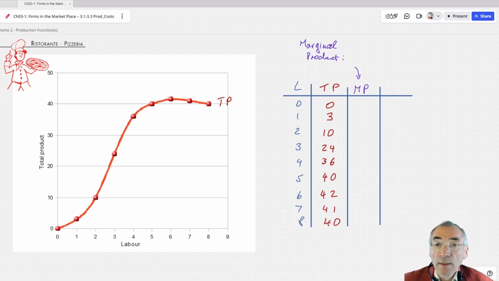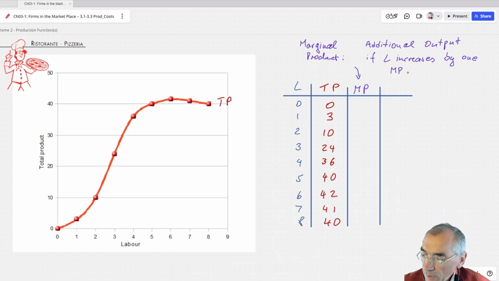So here it's the additional output, additional amount of pizza, if I employ one more employee, if L increases by 1. We can also define marginal product as the change in output over the change in input. In this case, delta total product divided by delta L, input of labor.